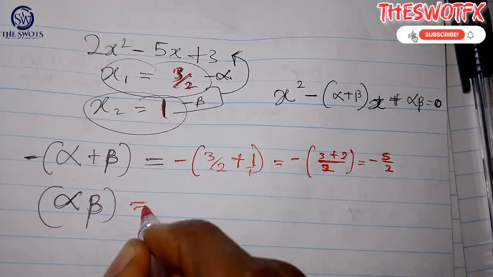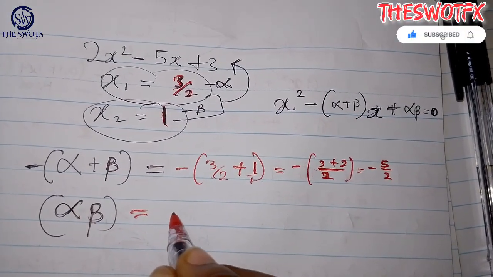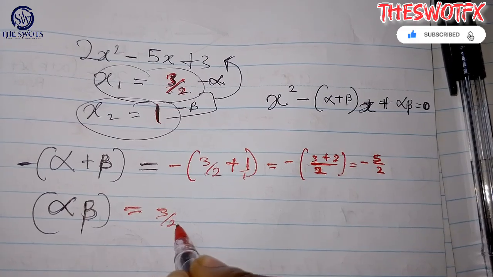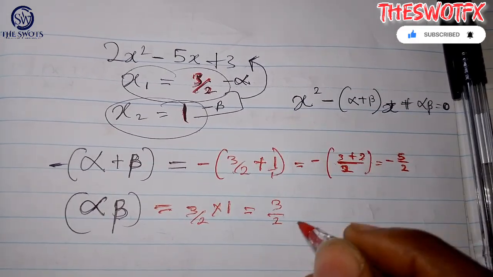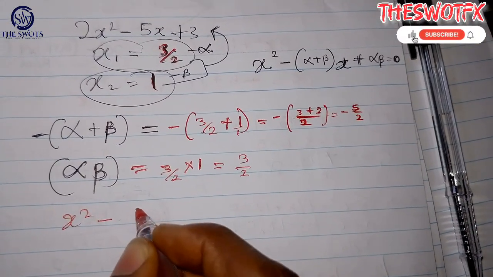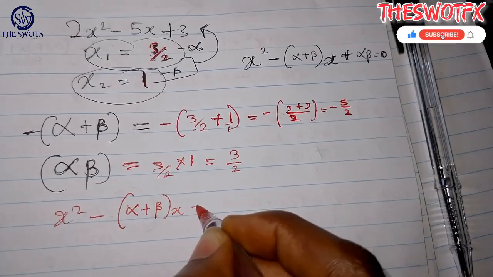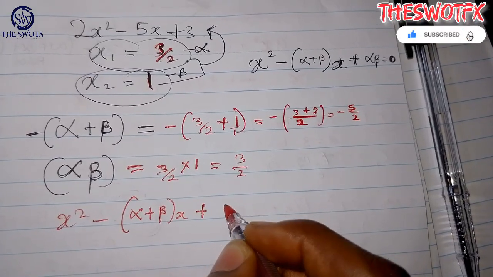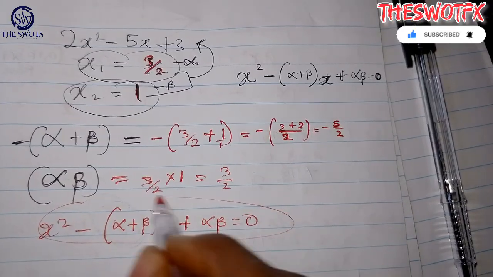For the next one we have alpha beta. Alpha beta is 3/2 times 1, so that is 3/2, right? So meaning that x² minus sum x plus product equals 0. This is what should form our equation.